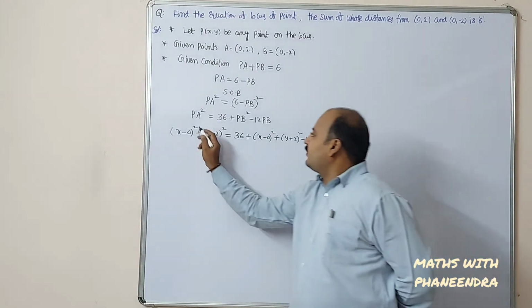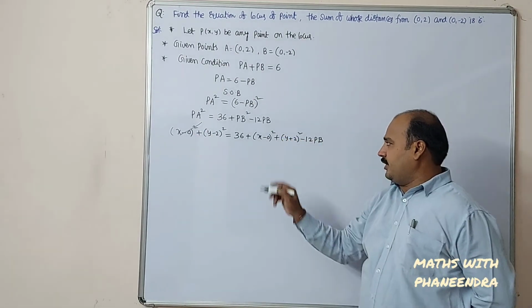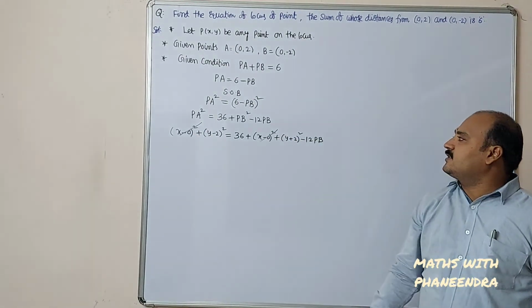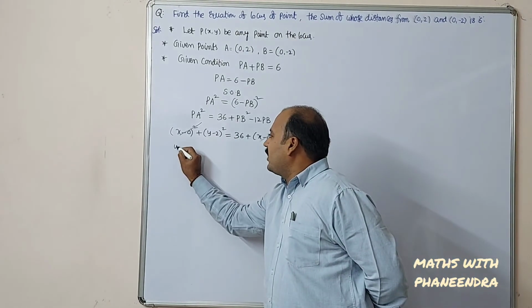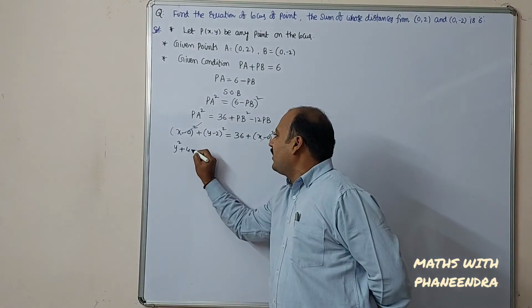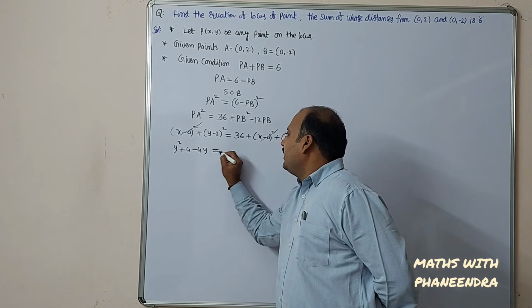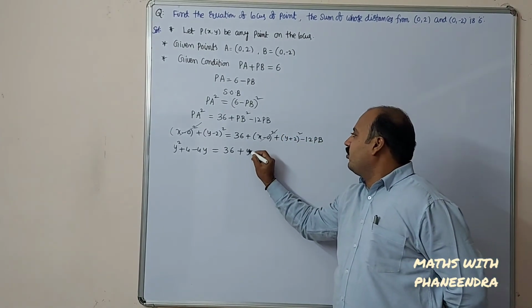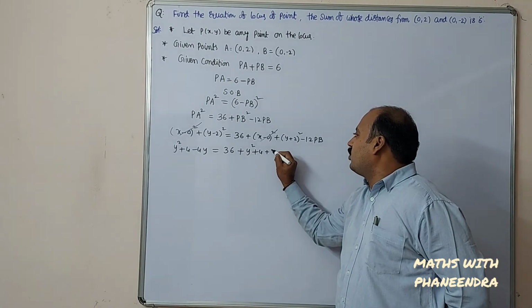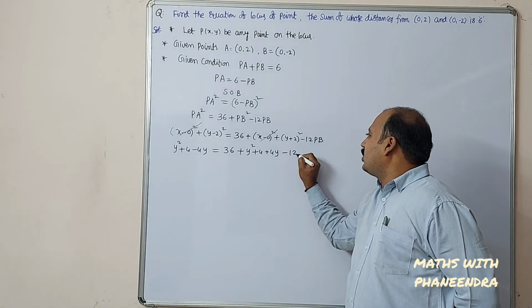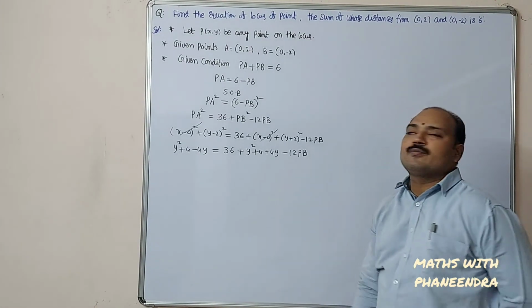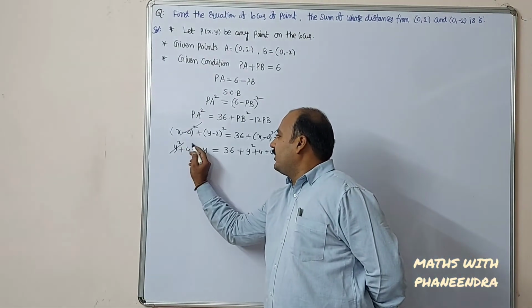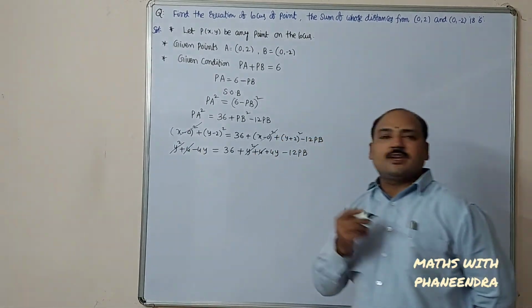Now here x minus 0 whole square gets cancelled. y minus 2 whole square expansion, y square plus 4 minus 4y is equal to 36 plus y plus 2 whole square, y square plus 4 plus 4y minus 12 PB. Both sides, y square plus 4 gets cancelled.